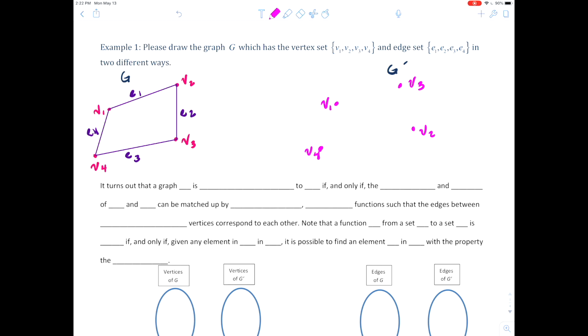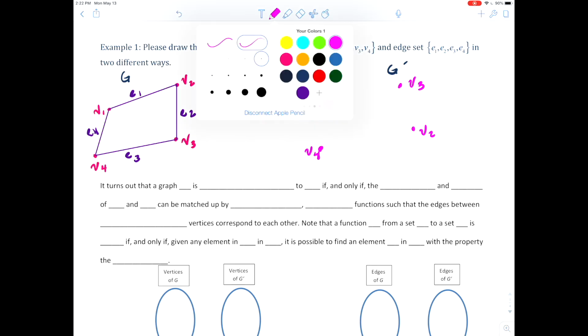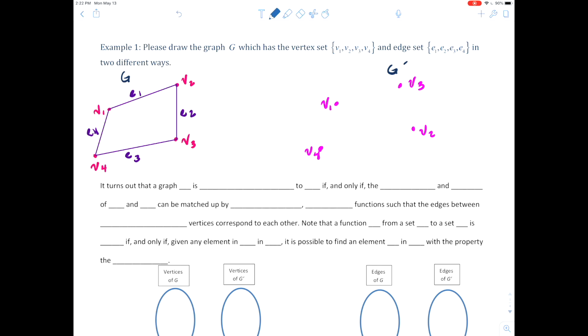So I basically just switched vertices V2 and V3, and now for the edges, we'll do them in a different color, in blue. What if I had edge 1 here, and I have edge 2 here now, and then edge 3 up top, and edge 4 along the bottom.